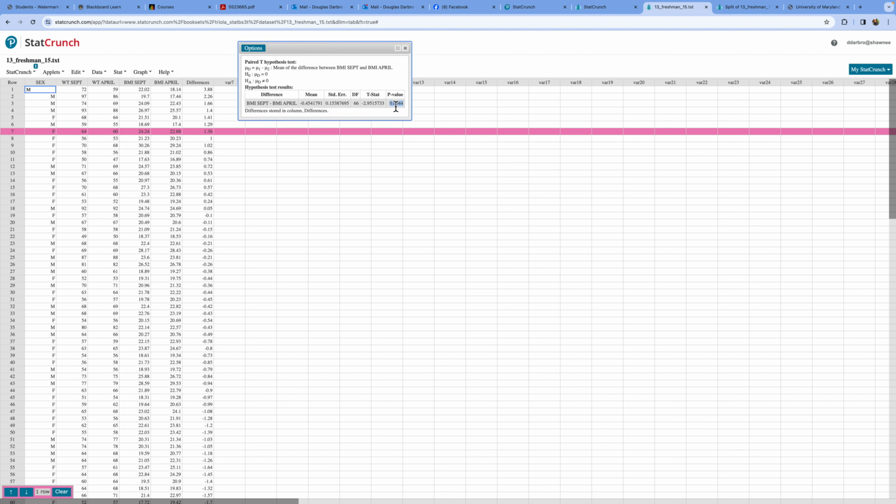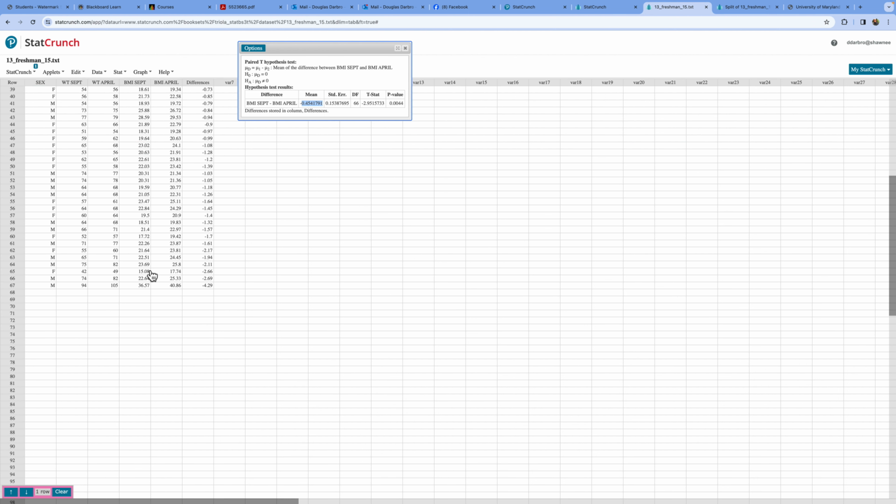Tunnel vision usually comes to the p-value. So let's walk across and talk about this. So the mean difference, if I take all the sample differences, 3.88 plus 2.26 plus 1.66 plus a negative, all these, and I'm going to divide by 67.